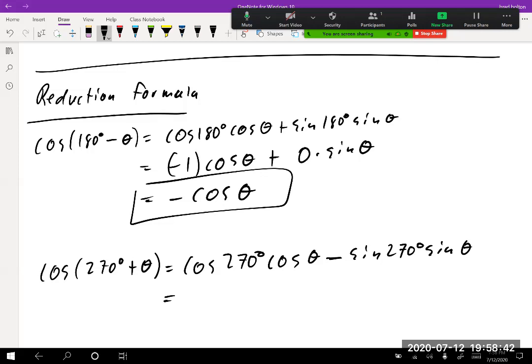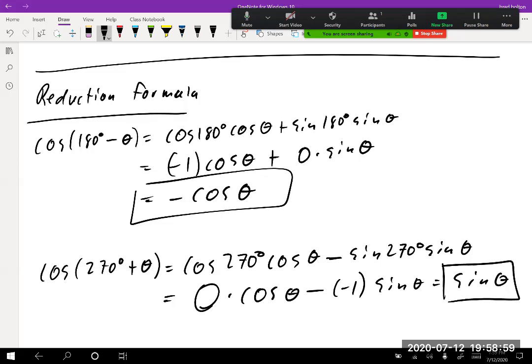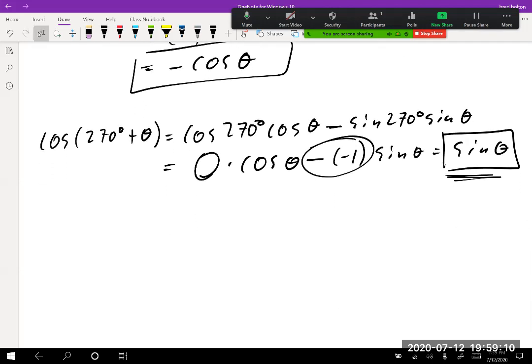Well, cosine of 270 degrees is basically the cosine of 3 pi halves, which is 0 times cosine of theta. Sine of 270 degrees is -1 times sine of theta. So this just becomes sine of theta, right? Because a minus and a minus becomes plus. So cosine of 270 degrees plus some angle will just be sine of theta. So you could just use that in general to manipulate problems to get them how you want.